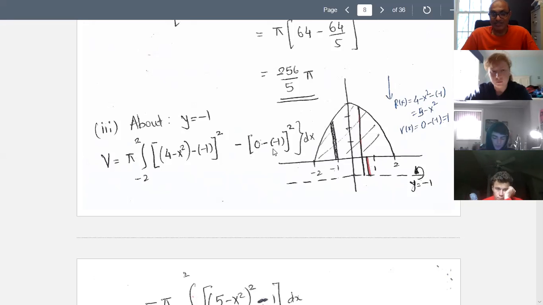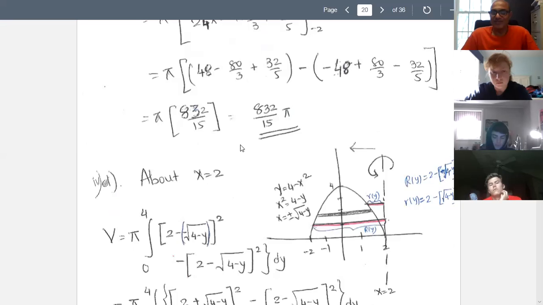Make sure this sign makes a big difference. If some small error is there, everything will be wrong. Your answer, your volume, everything is wrong. This is my small r, from 0 to -1. So 0 minus -1, and in between a negative sign as per the formula. And you get the answer.